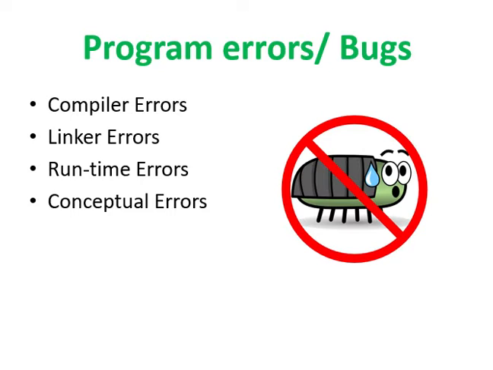First one is the compiler error. Compilation is the process of converting high-level language into low-level language that can be better understood by the computer. So the compiler error occurs when the compiler is not able to properly transform the high-level code into low-level.